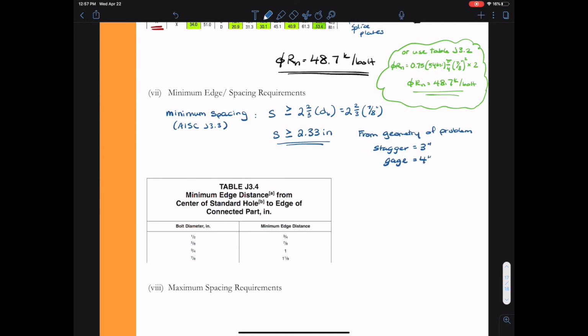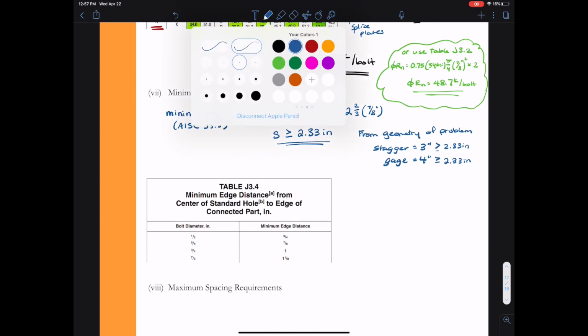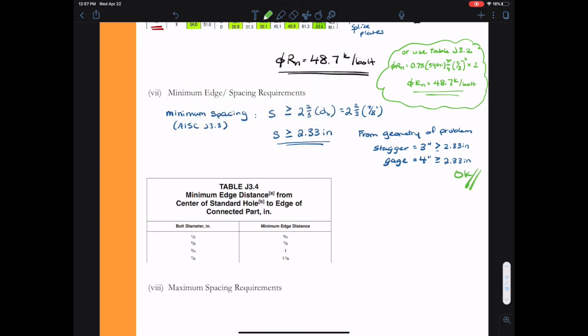So both 3 inches and 4 inches is greater than 2.33 inches, so I'm okay from my minimum spacing standpoint. Next, I have to look at the minimum edge distance requirement. So I go to table J3.4 for a 7/8 inch diameter bolt. I can read the value right from the table that the minimum edge distance needs to be 1 1/8 inch.